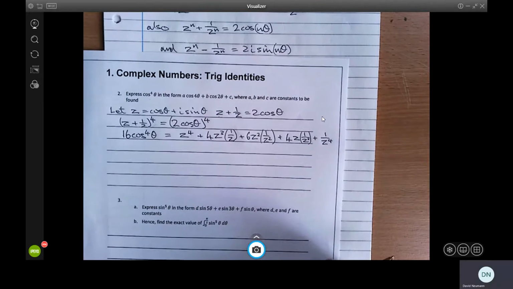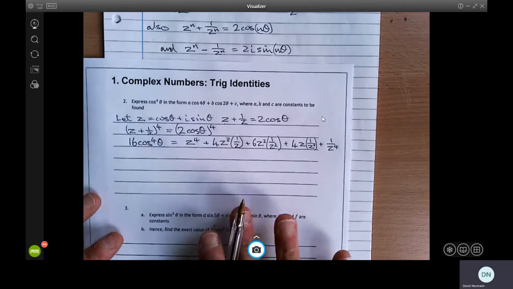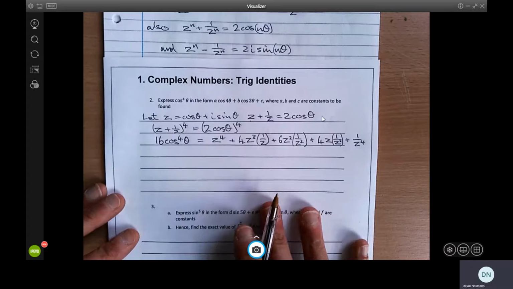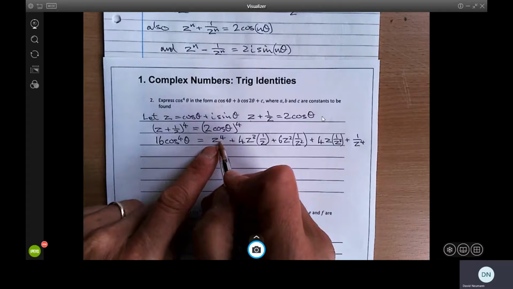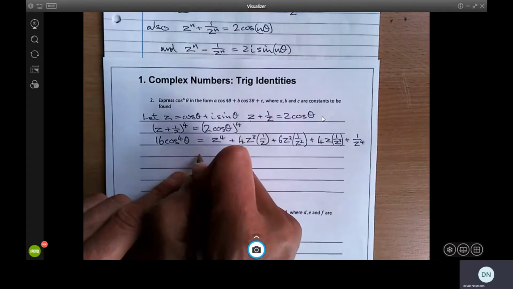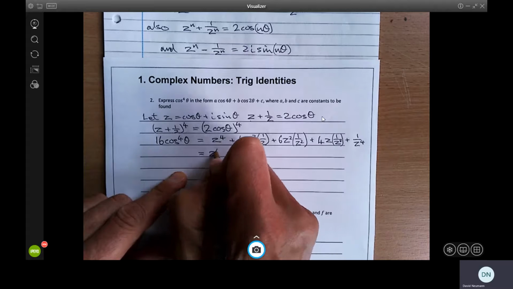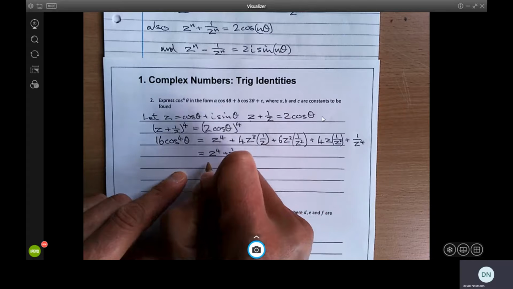Now, if we put together these terms, let's look at the outside terms first. So this is z to the power of 4 plus 1 over z to the power of 4. Let's write that out. So z to the power of 4 plus 1 over z to the power of 4.